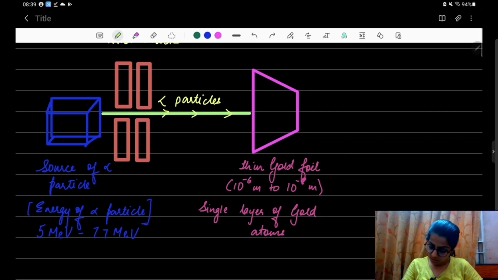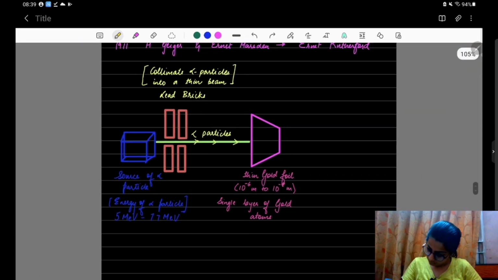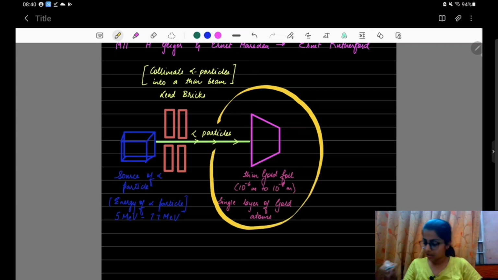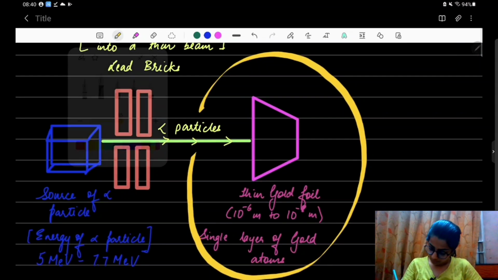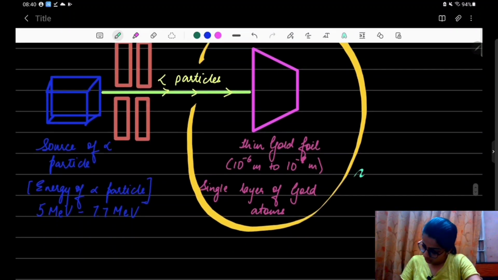So there is a screen like this, surrounding the foil, which is going to detect it. See, it will be like this. Here there will be a detector.